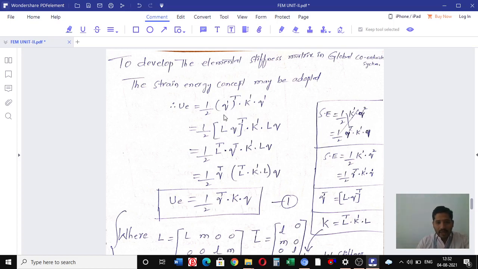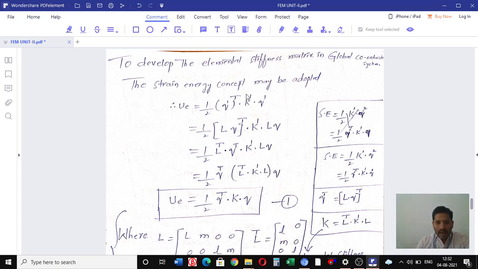Then Q, what can we say? This Q is nothing but the nodal displacement, or the local nodal displacement. And this K is, as we know very well, the elemental stiffness matrix in a local coordinate system.